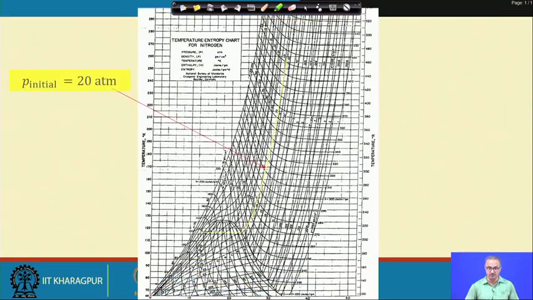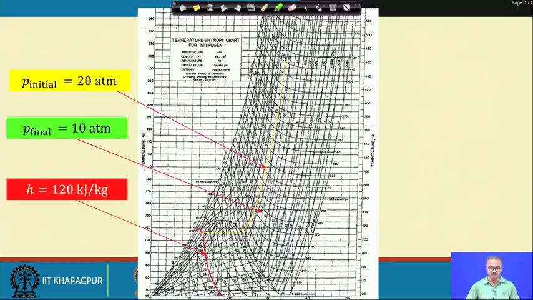Now, again we look into this TS diagram of nitrogen. In the second problem, the gas is expanded from 20 atmosphere to 10 atmosphere with the same isenthalpic line. We consider this isenthalpic line and locate these two isobaric curves, 20 atmosphere and 10 atmosphere. Here we can clearly see that on decreasing the pressure, the temperature is decreasing.